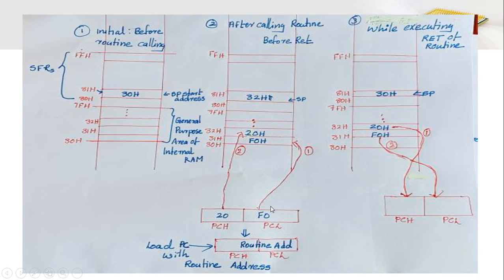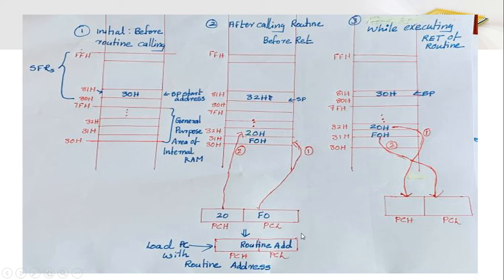Now we push the lower byte of PC here. Again increment the stack pointer by 1 and SP now points to 32H. Here we store the higher byte of PC. So after these two push operations, the stack pointer points to 32H.